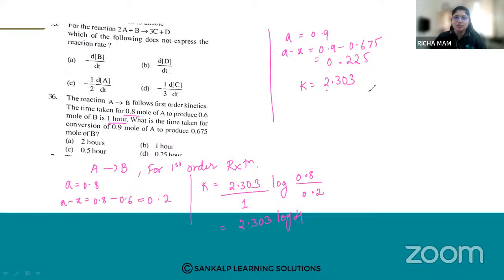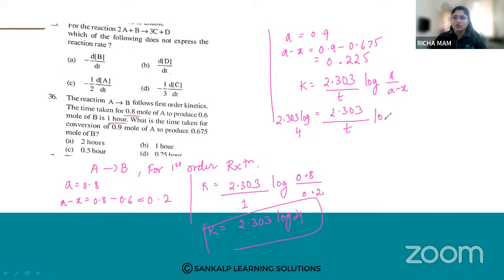Now K is equal to 2.303 by T log of A by A minus X. We have to find the time. Here, what is K? From this we got the K. K value is 2.303 log of 4. Then for the second, log of 0.9 divided by 0.225 again comes to log of 4.